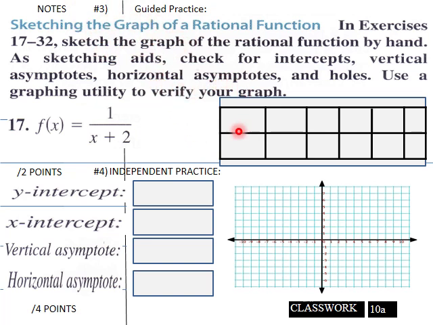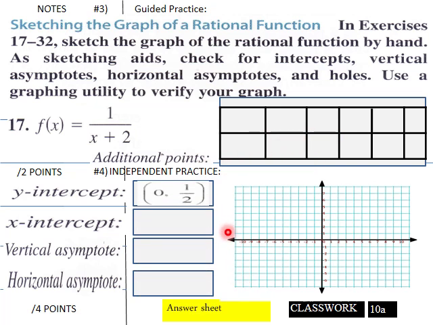Sketching the graph of a rational function here. We're going to sketch this, and then y-intercept, x-intercept, vertical, and the horizontal asymptote. And then additional points we're going to throw in there. So our y-intercept, when x equals 0, y equals 1/2.